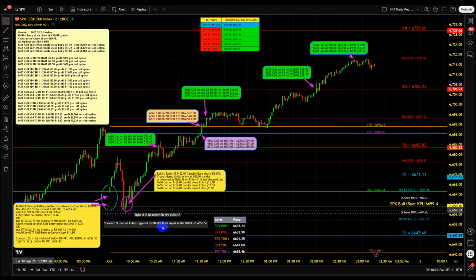So, as happened today, which we'll get to in a minute. Your tight stop loss on this same entry, if you did not want to use the standard stop loss, is the first quarter level, which we have abbreviated on our indicator here as QL. It's the first quarter level below the level that it was triggered from. So in this case, BBKPL. So your tight stop loss is the QL below BBKPL, which is this level here.